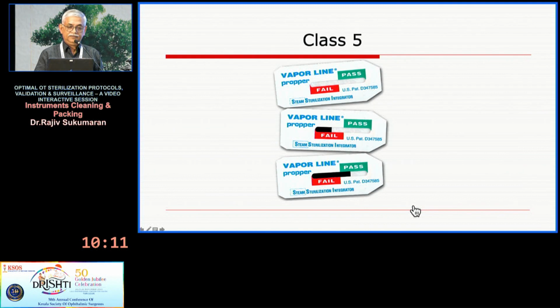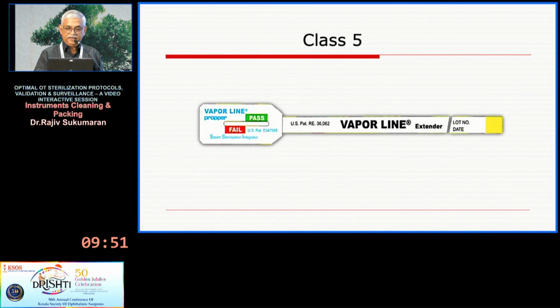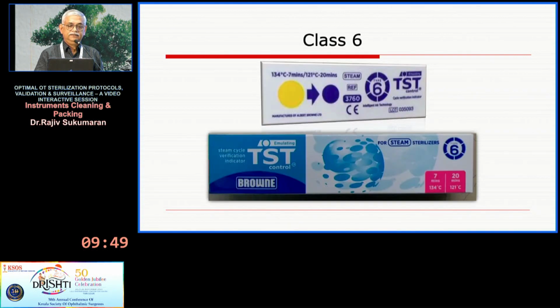Okay. And this is class 5. The disadvantage with this is, see, it says pass, fail. And if the black passes in between, passes partially, we still say it is passed. But class 6 abruptly changes from yellow to blue once the autoclave process is over.